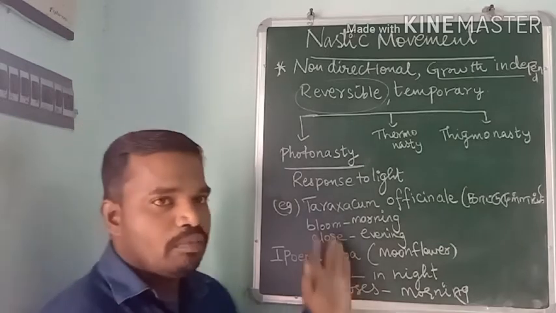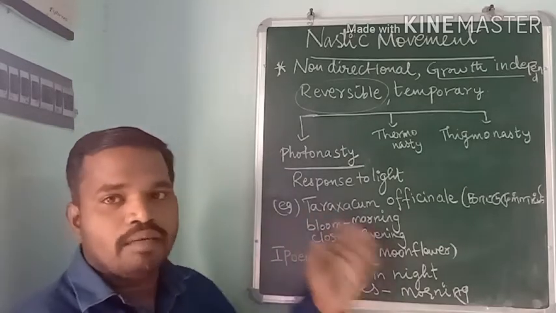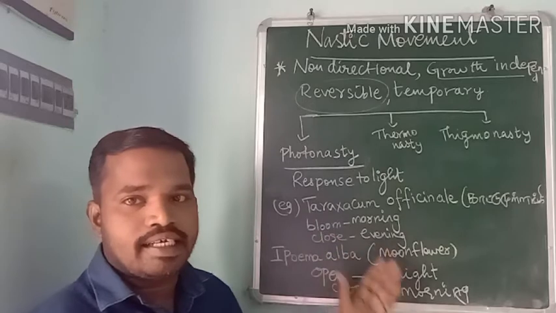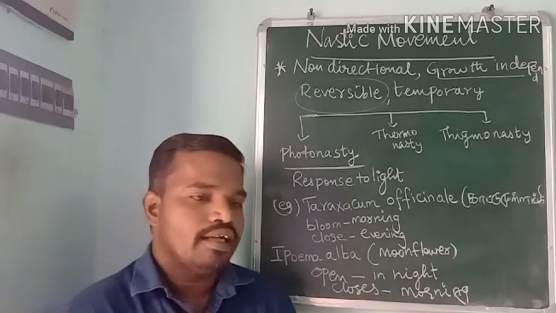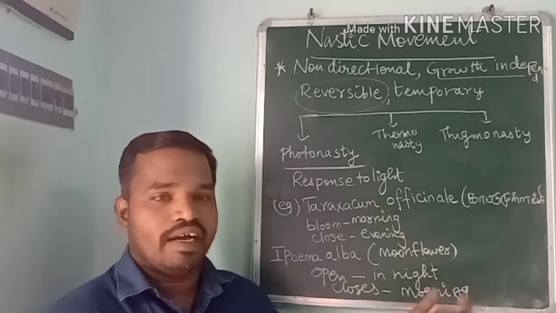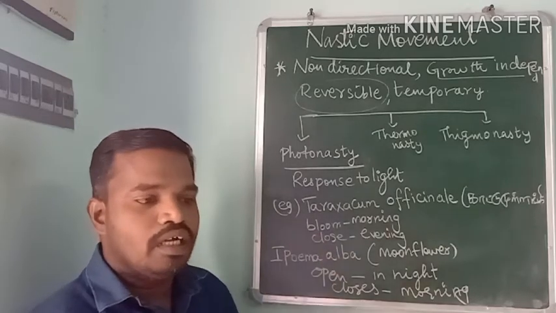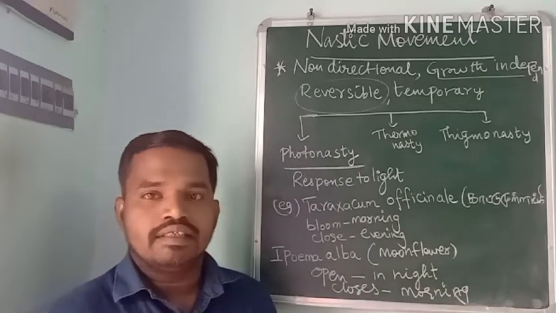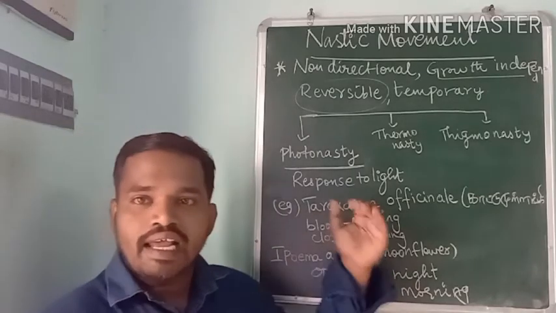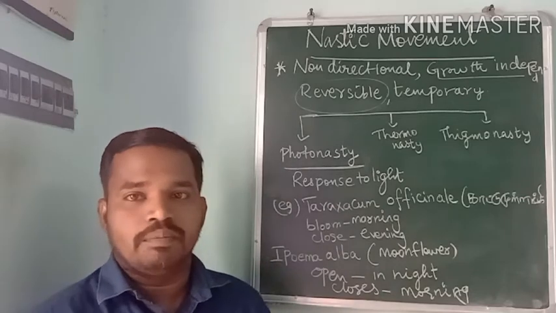Okay, examples. What is the example? Taraxacum officinale. இந்த Taraxacum officinale வந்து தமிழ்ல காட்டு முள்ளங்கி வகையை சார்ந்தது. ஓகே, இந்த Taraxacum officinale எப்படி photonasty பண்ணுது?